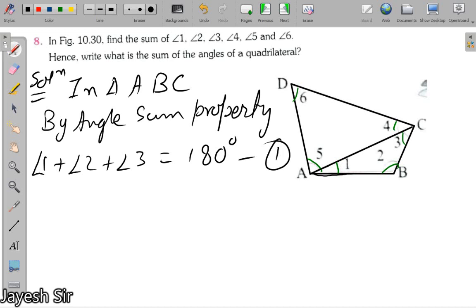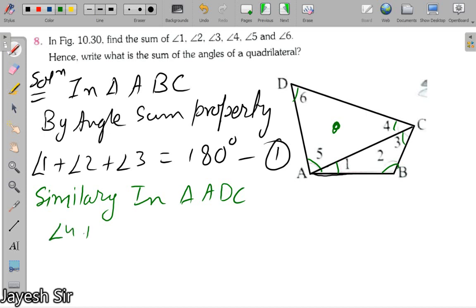This becomes the first equation. Similarly, in triangle ADC, the above triangle, angle 4 plus angle 5 plus angle 6, the sum of all these three angles, will again be equal to 180 degrees.